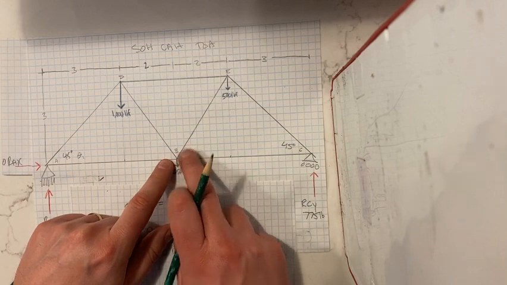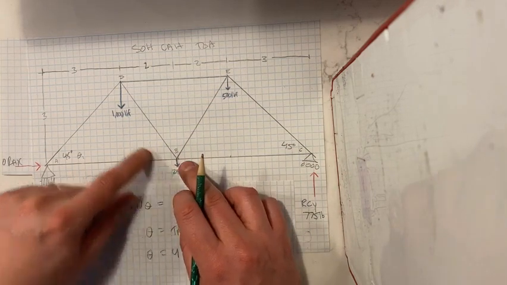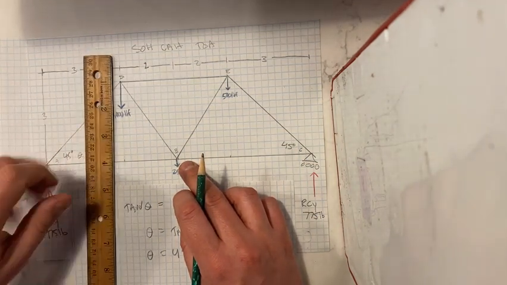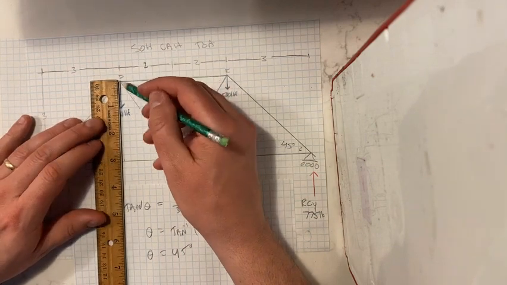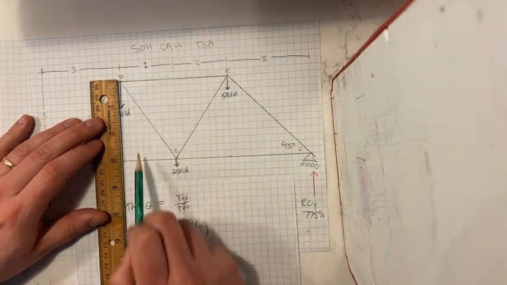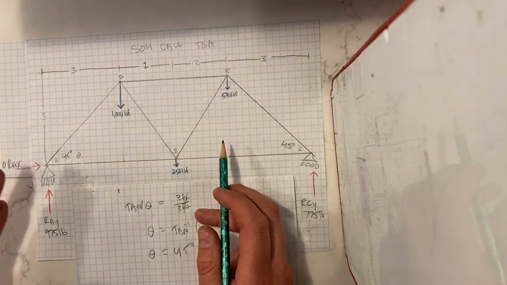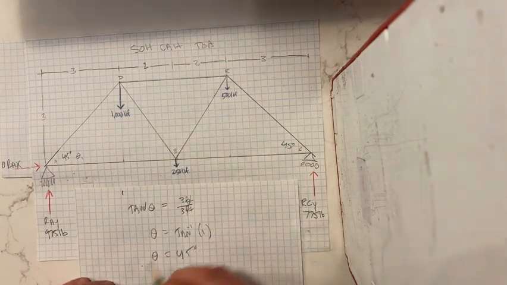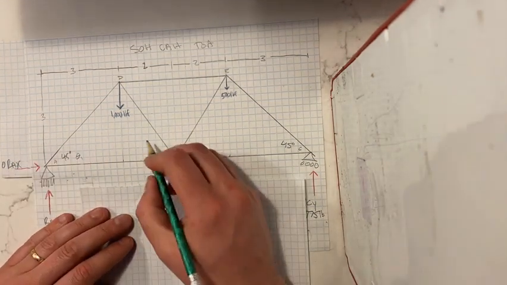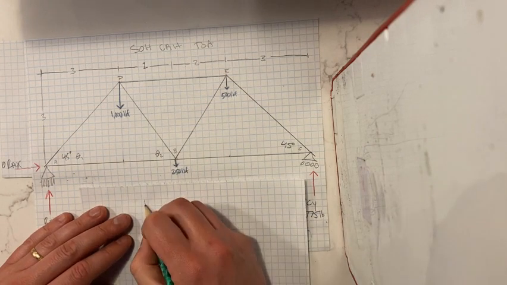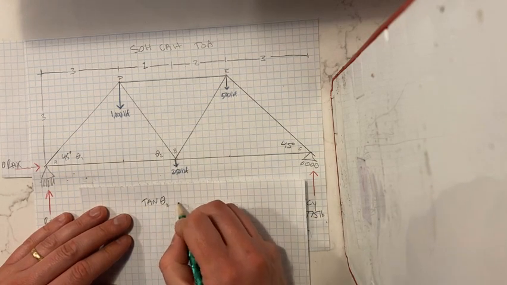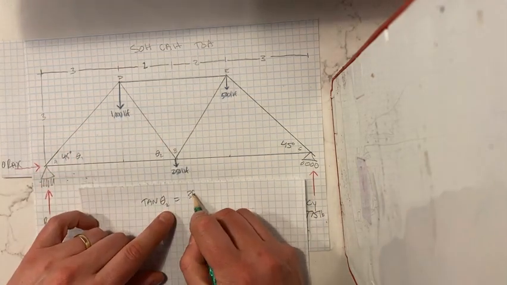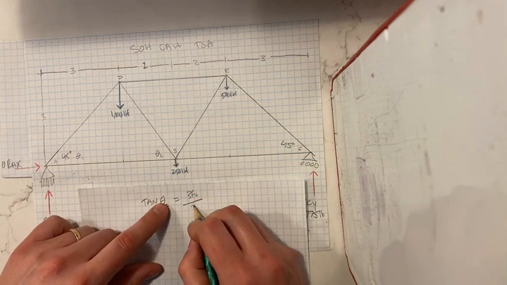Right in here at joint B, we've got a little bit of a smaller triangle. If we drop this down right here, this would be 3 feet, and this right here would be the 2 feet. So that's a little bit of a different triangle. Again, you could use tangent. So let's flip this over and say this is theta sub 2. The tangent of theta sub 2 is equal to opposite over adjacent, so the opposite is 3 feet over the adjacent, 2 feet.